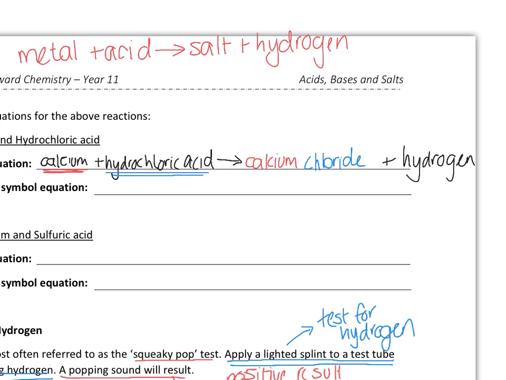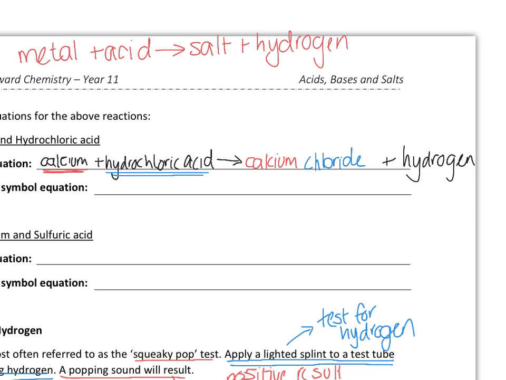Okay, so now for the slightly more tricky step, and that is writing our balanced symbol equation. So we'll work on this one together, and then you can give it a go for magnesium and sulfuric acid. So when we write an equation from scratch, we always have to take each term individually and convert it to its formula.